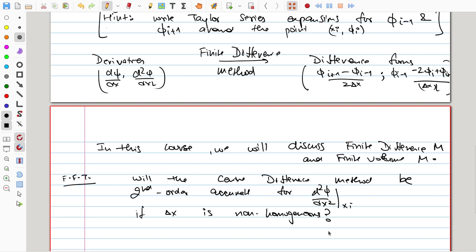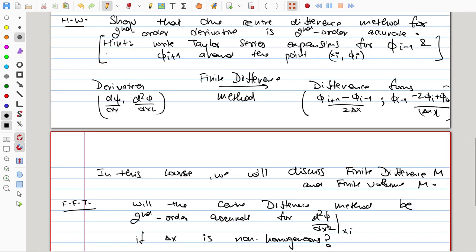So will the center difference method that we just discussed for second order derivatives, will that be second order accurate if your delta x was non-homogeneous? That is, delta x interval sizes, the right interval and the left interval, they were of different sizes.